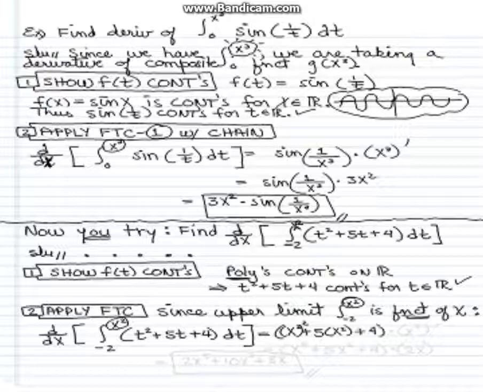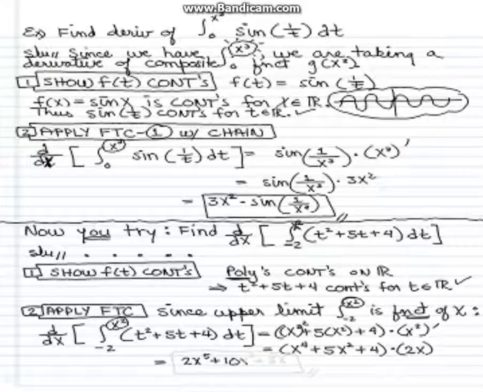So x squared squared plus 5x squared plus 4, times the derivative of the upper limit x squared, gives us x to the 4th plus 5x squared plus 4, times 2x. And then we can distribute the multiplication to get 2x to the 5th plus 10x cubed plus 8x.